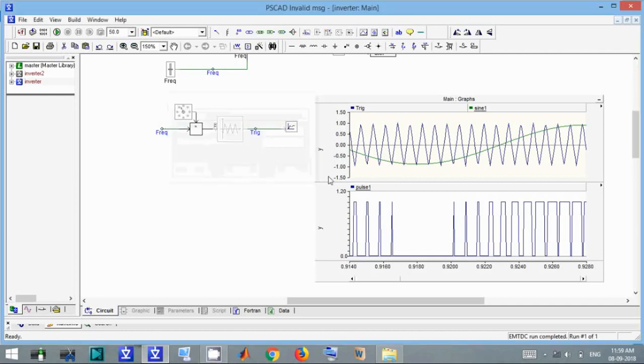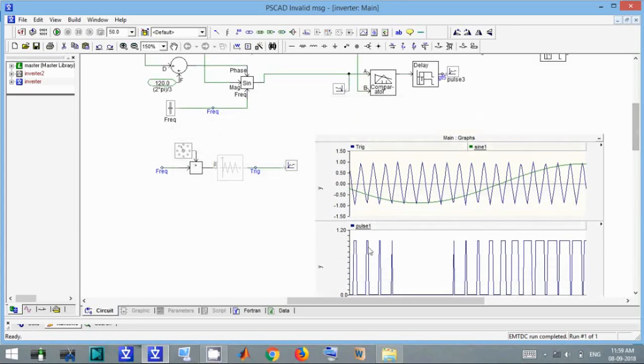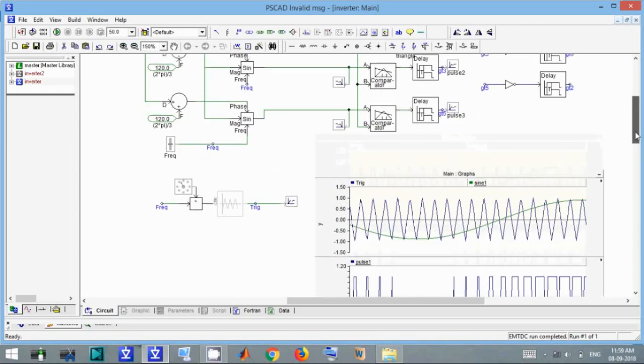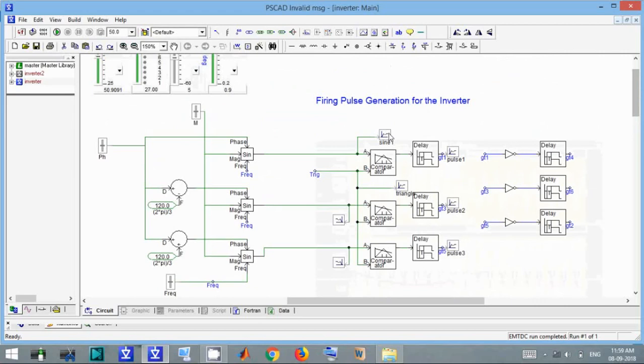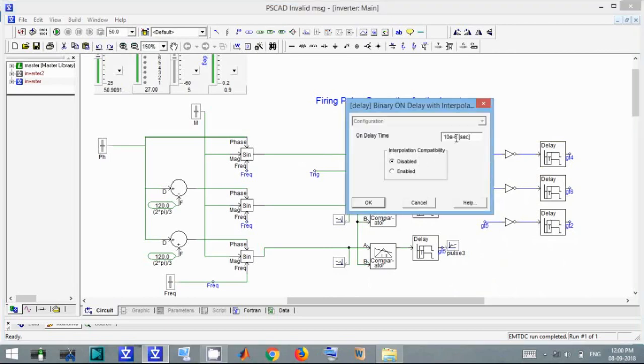You can see the corresponding pulse: this is the triangular pulse, this is sine 1, and the gate pulse of IGBT 1 is this. A very low delay is given.